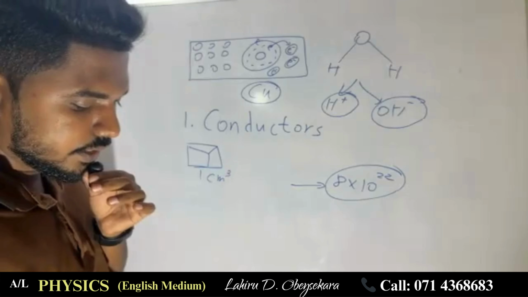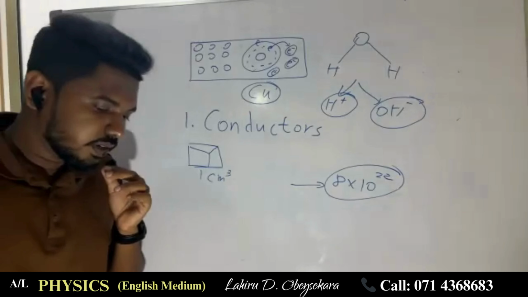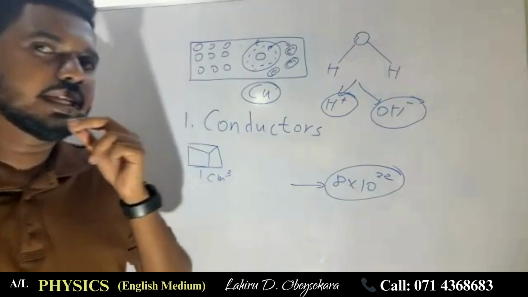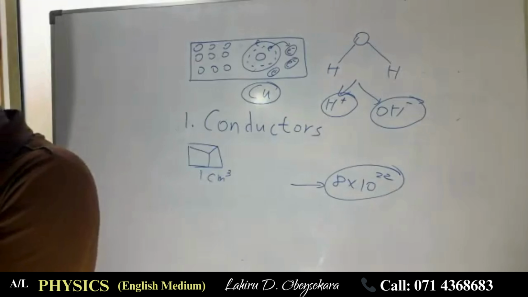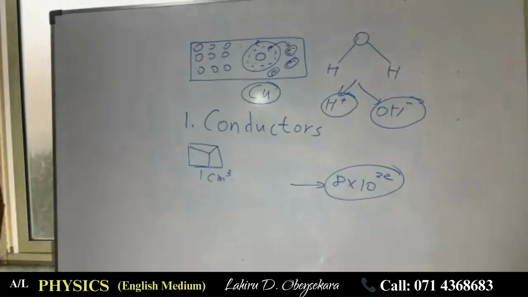It contains 8 into 10 to the power 22 electrons in 1 cubic centimeter.